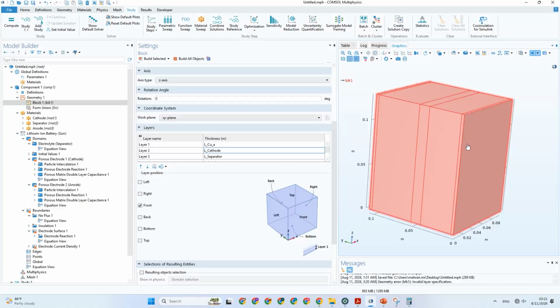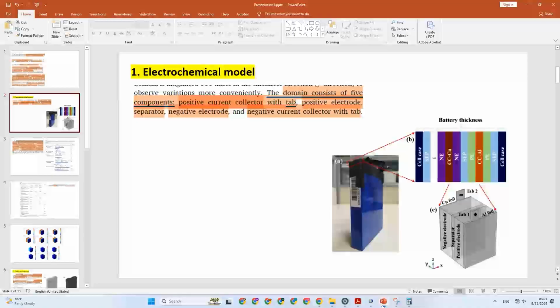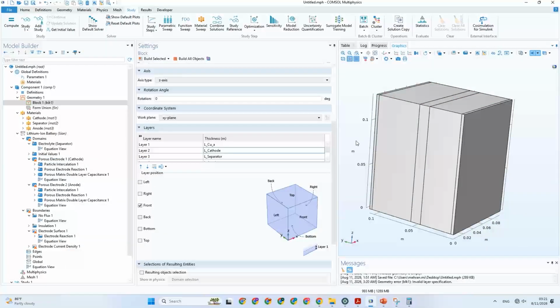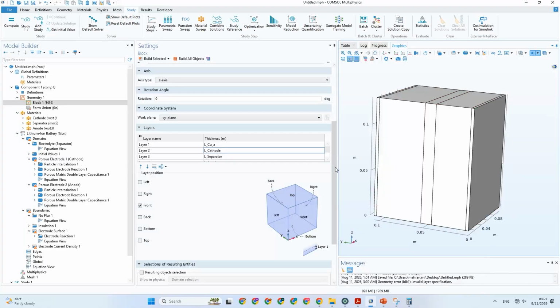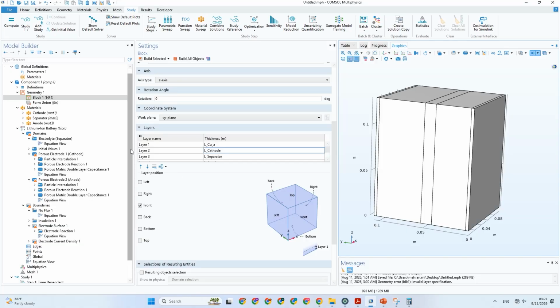I mean, this is a AL foil or AL tab, and positive separator and negative. Nice. This is now it's correct. Okay. This is our layers, and we add it.